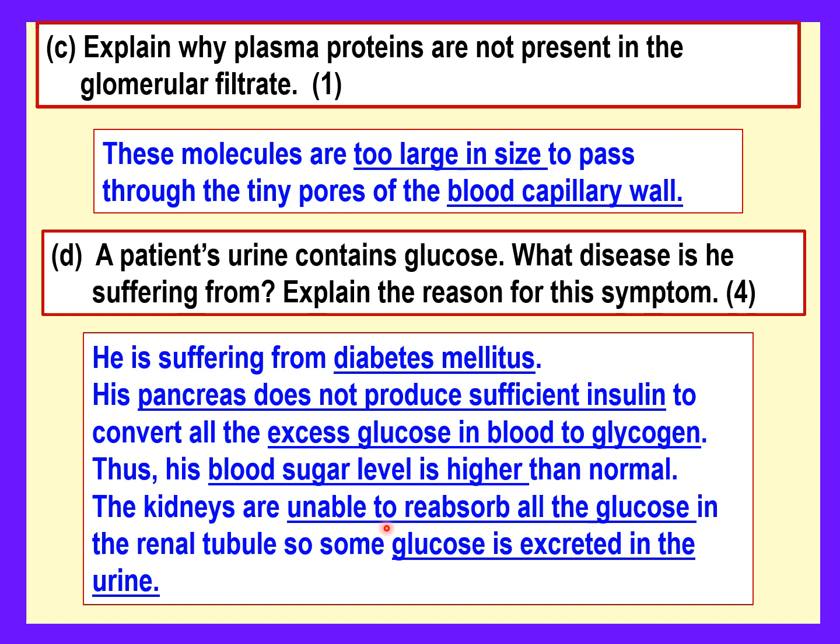So some of the glucose will be excreted in the urine due to the high level of glucose in the blood. Not all will be reabsorbed back into the blood in the proximal convoluted tubule.